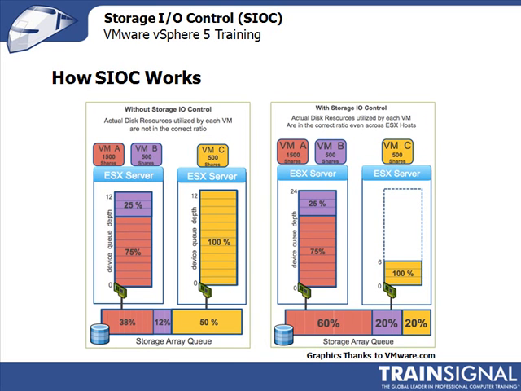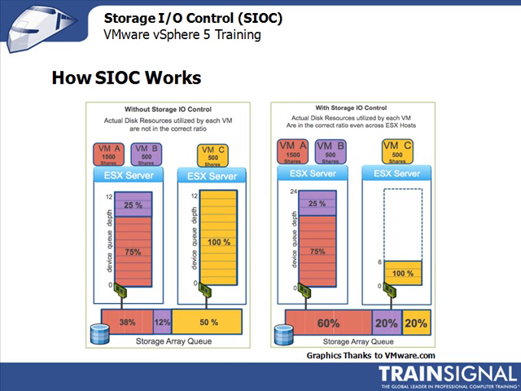Those have changed drastically because virtual machine A has 1,500 shares allocated to it, whereas virtual machine B and C only have 500 each. So virtual machine A should be getting 60% of the storage array queue, and virtual machine B and C should only get 20% respectively.